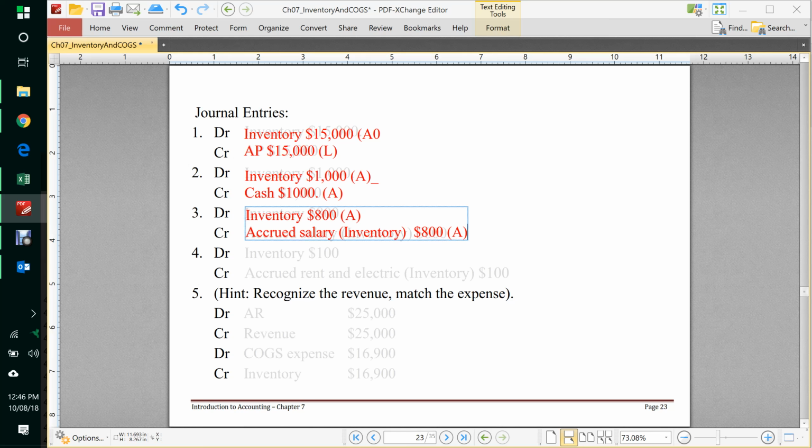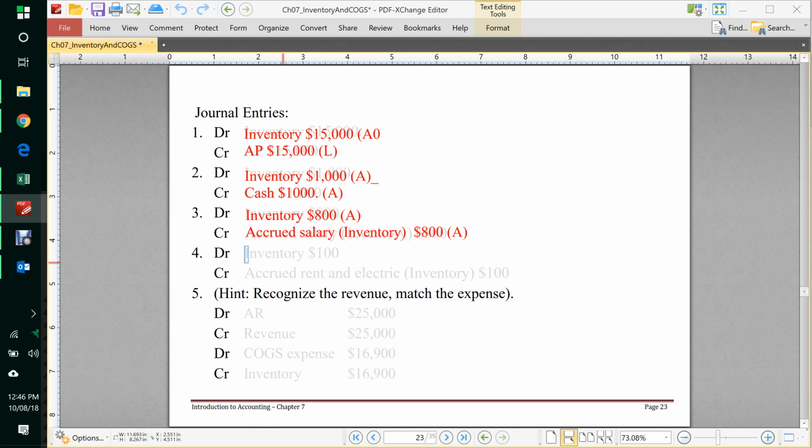So if you just put the inventory there, it's very easy to tell them what's going on. So that's what I'm doing. Also, this is going to help with cash flow statements later on. You want to know where that came from for your cash flow statement.